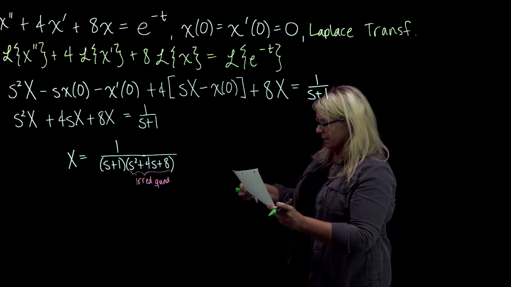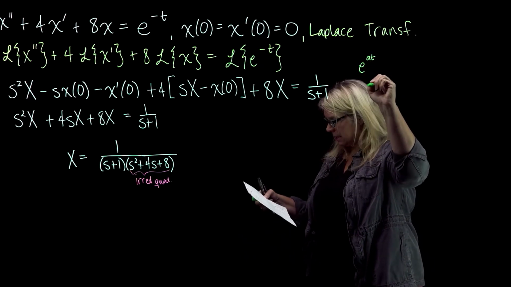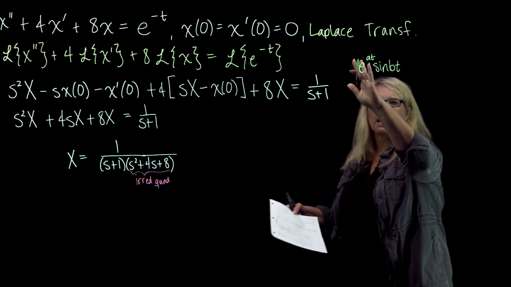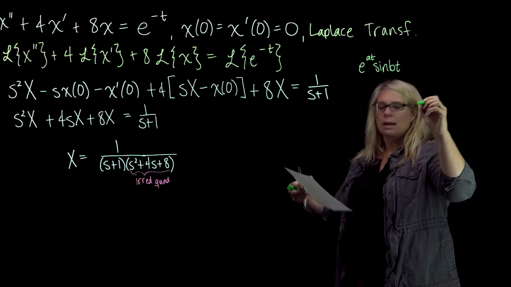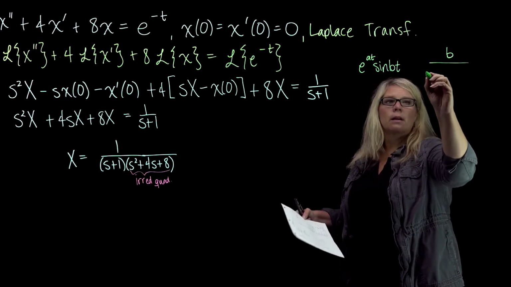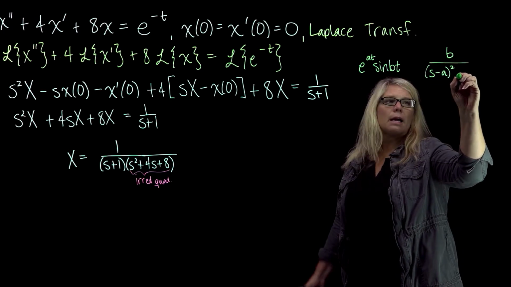For number 8, it says e to the a t sine of bt, that the Laplace transform of that is b over s minus a, the quantity squared, plus b squared.